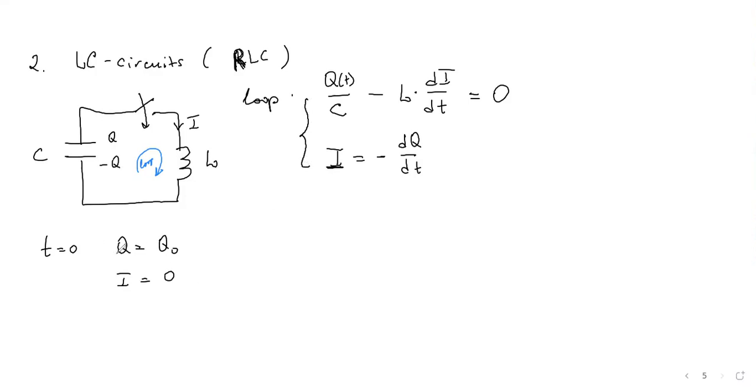Plus you have these initial conditions. Now we can solve this, and to solve this I'm going to rewrite this like this. L di over dt equals 1 over C Q. That's one line. Then I'm going to plug the current as a derivative of the charge over time.